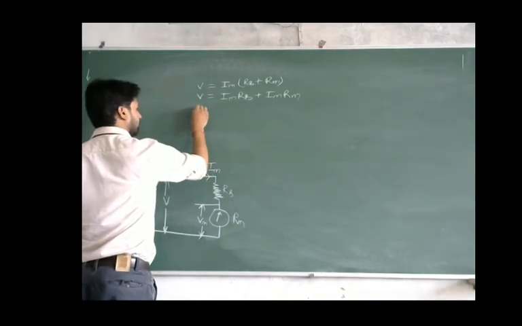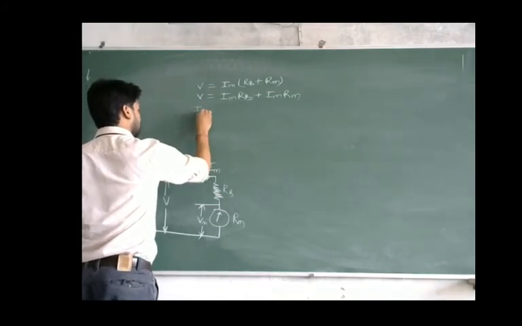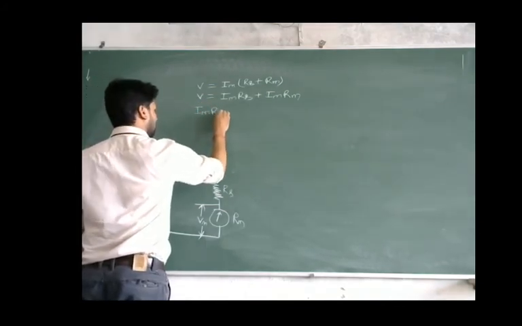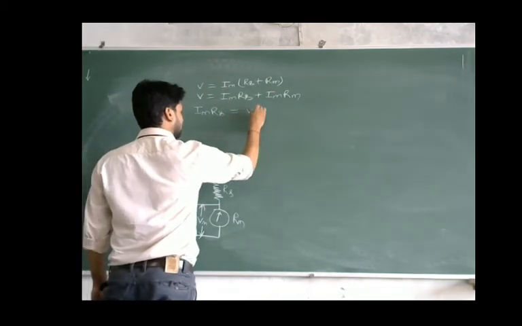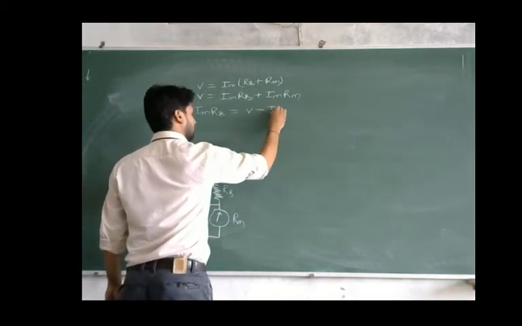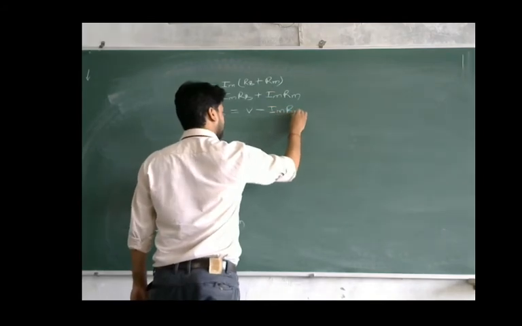So Im into Rs is equal to V minus Im into Rm.